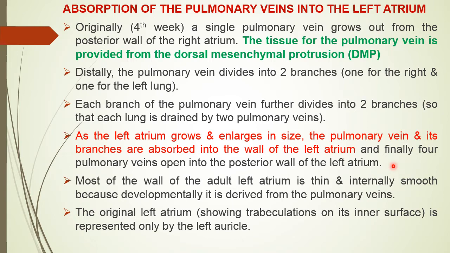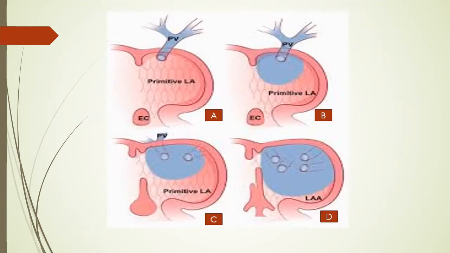The original left atrium becomes reduced to the left auricle, which is also known as the left auricular appendage, and that shows musculi pectinati and is thick-walled. Otherwise, the main left atrium is formed from the absorbed pulmonary veins.